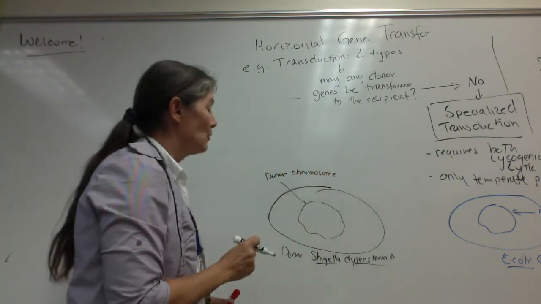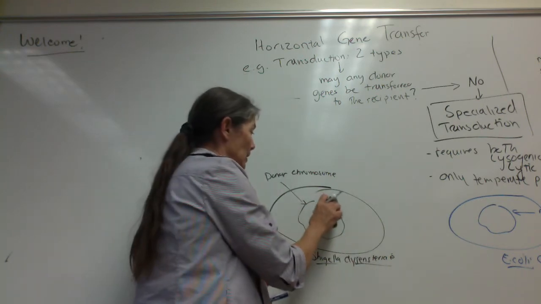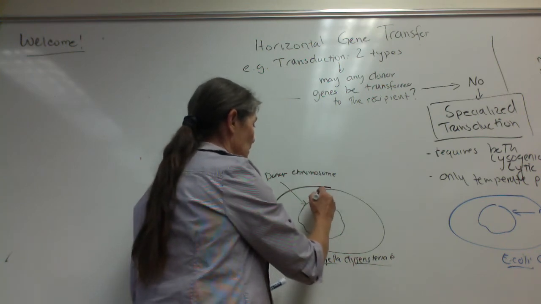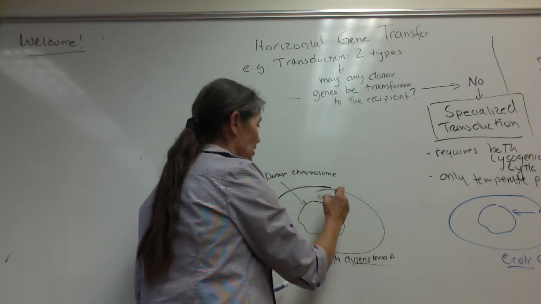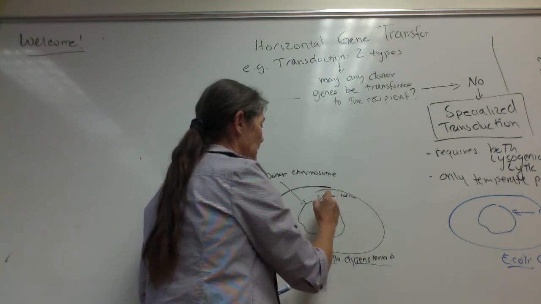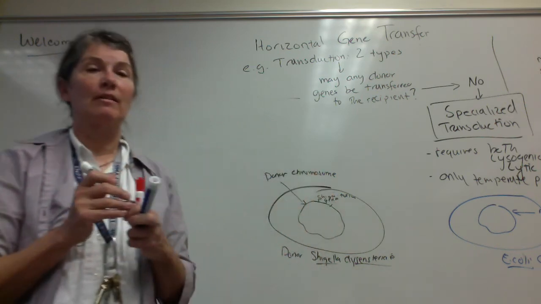Okay, and folks, this was a bacterium that first evolved the shiga toxin gene. So let me just put a little piece of DNA here, you guys, for the shiga toxin gene, all right?